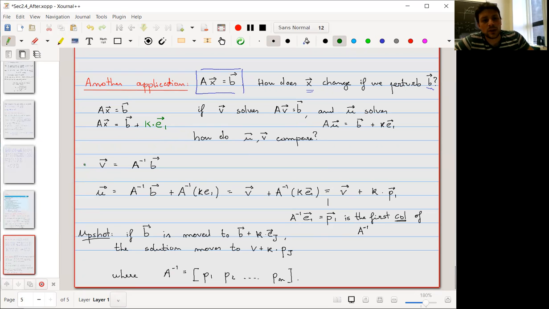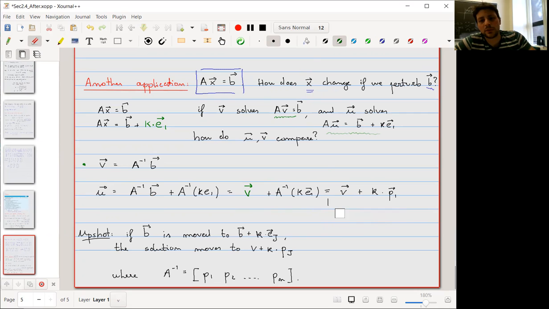Well, by multiplying everything by the inverse of A, I get that V is A inverse B. And from this other one, I get that U is A inverse B plus A inverse times K E1. But now, A inverse B is equal to V. So U is V plus a little piece.